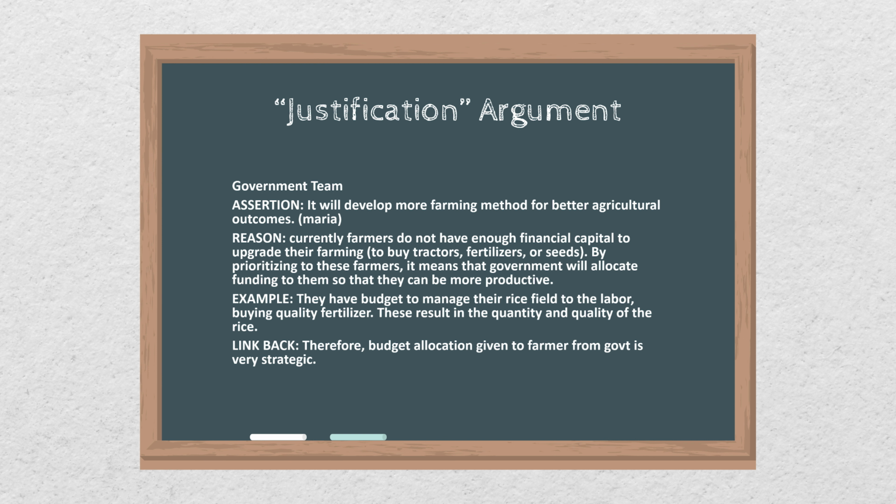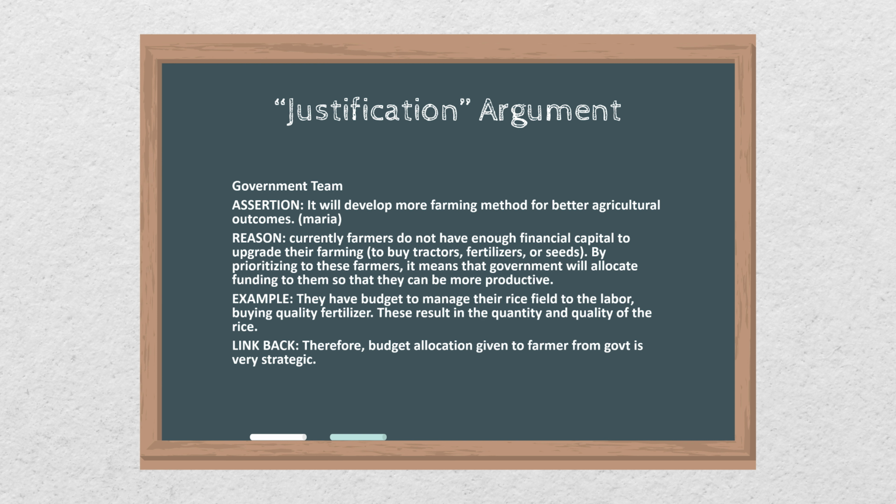So by prioritizing to these farmers, it means that the government will allocate the funding to them. So in the end, the farmers can use that funding to buy tractors, fertilizer, to improve the management of the rice field so that they can be more productive. For example, they have now the budget to manage their rice field, to pay the labor, and then to buy quality fertilizer, and it results into the increase of quality and quantity of the rice or the crops.